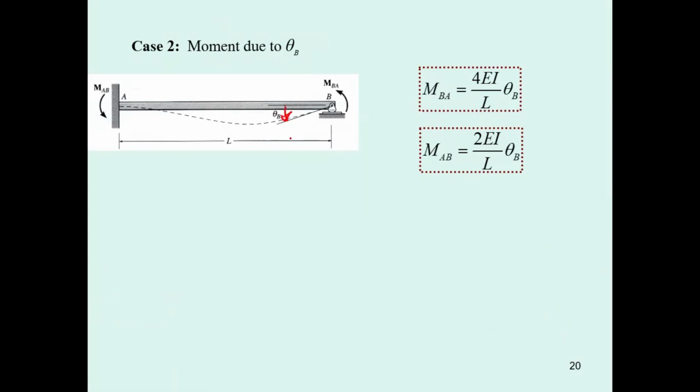Then you will end up with m sub ba at the point b being 4EI over L, and the far away end moment is going to be half of that. M sub ab is going to be 2EI over L theta sub b.